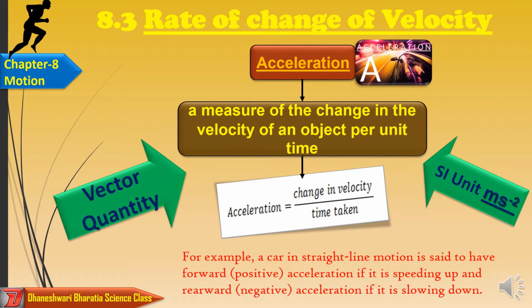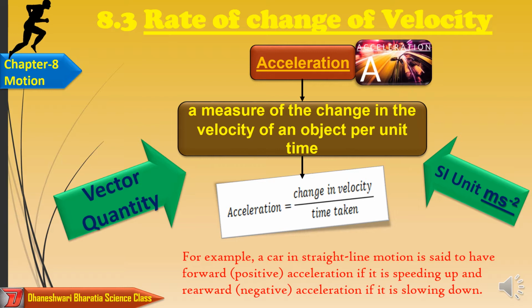यानी कि example में क्या बोल रहे हैं, अगर एक कार move हो रही है in a particular direction और I can say in a straight line, so in that case if it is moving forward, अगर वो आगे जा रही है, that means it is a positive acceleration, right? But when we apply brakes, जब हम ब्रेक apply करेंगे तो वो धीरे धीरे करके अपना motion slow down करेगा, right?